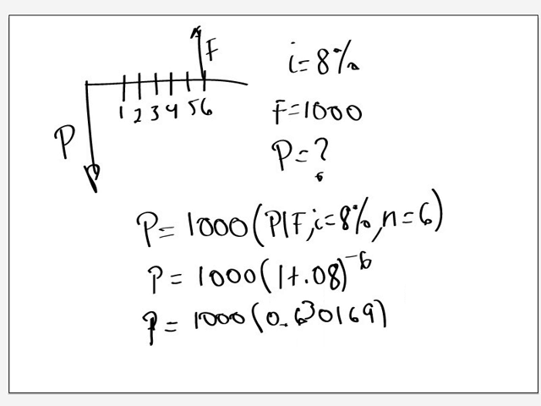Now this is P given F for 8% and n equals 6. Of course, when we multiply that number times $1,000, which is the final value that we will need, that translates in us needing to invest $630.17. If we invest $630.17, we will have at the end of 6 periods $1,000 available for us.